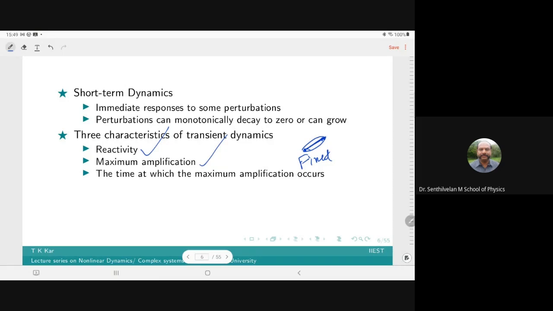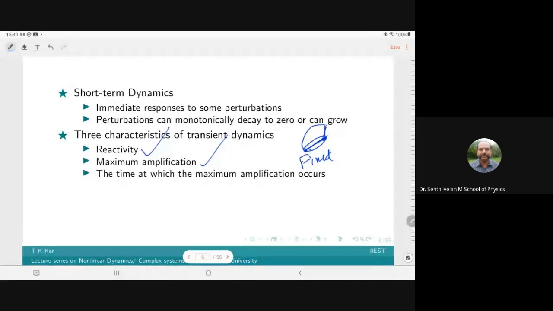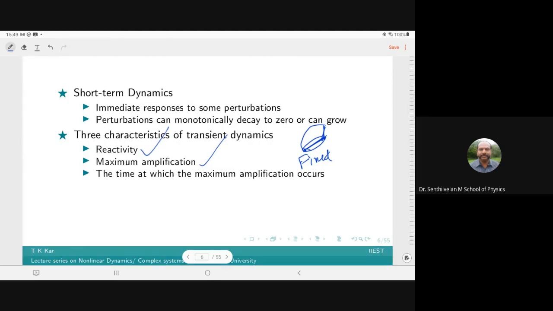For example, it may move in this direction, then move in that direction. So instead of decay, there is growth, and that growth measurement is the reactivity. That is, immediately after the disturbance, it may not come back in the direction of the fixed point. It can grow, then it may come back to its original position. That is very important, and that is the reactivity of the system.